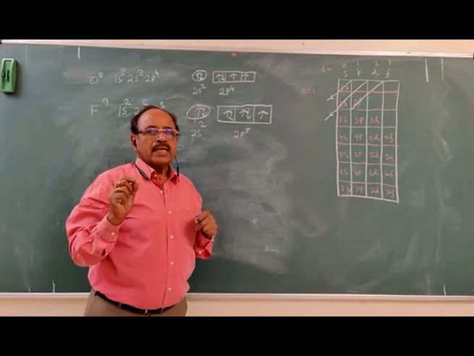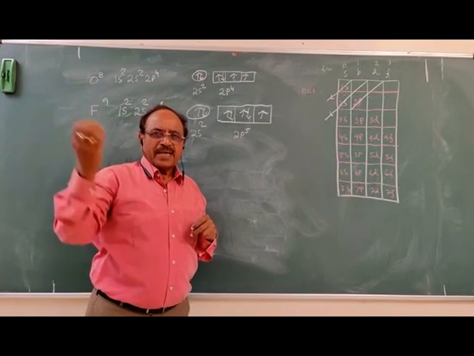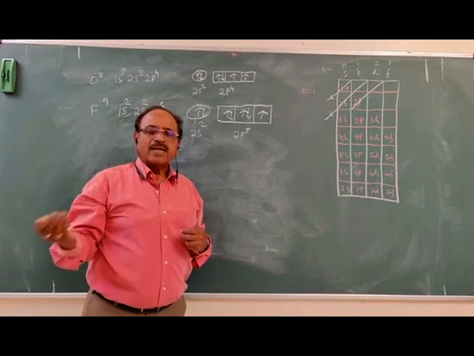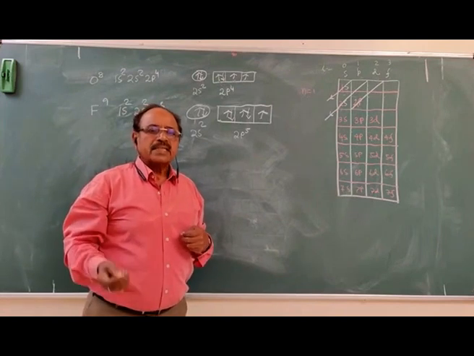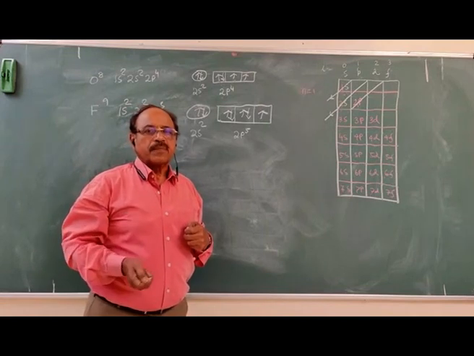Hence, fluorine has a strong tendency to attract and accept an electron to attain octet, the nearest inert gas structure, the structure of neon.